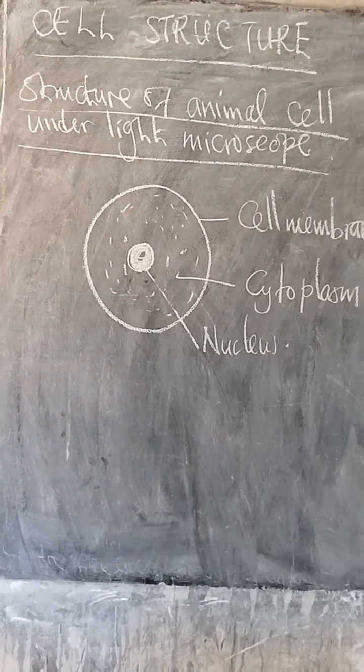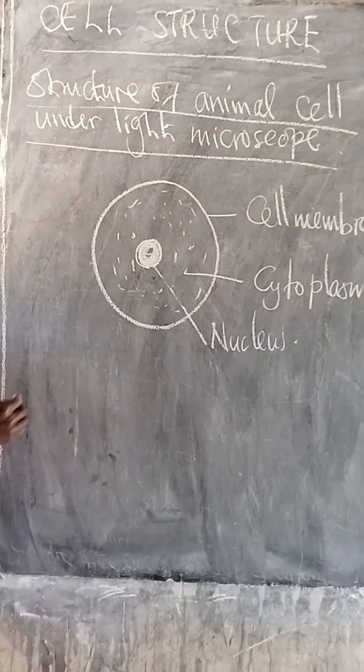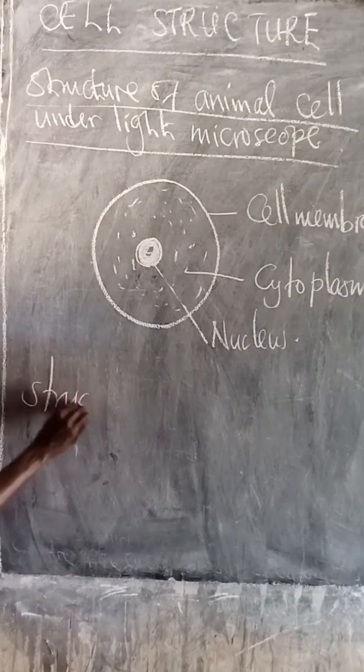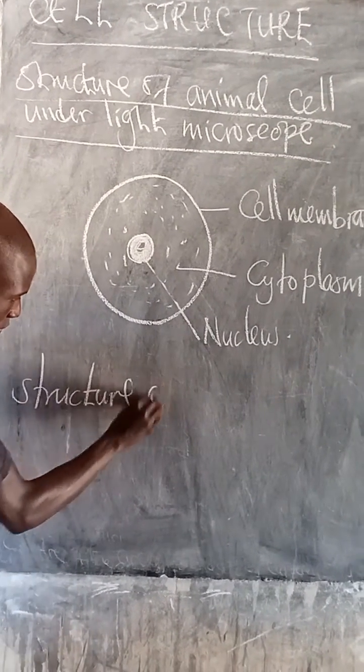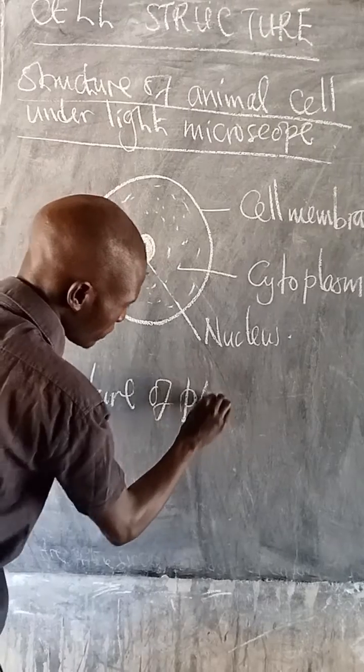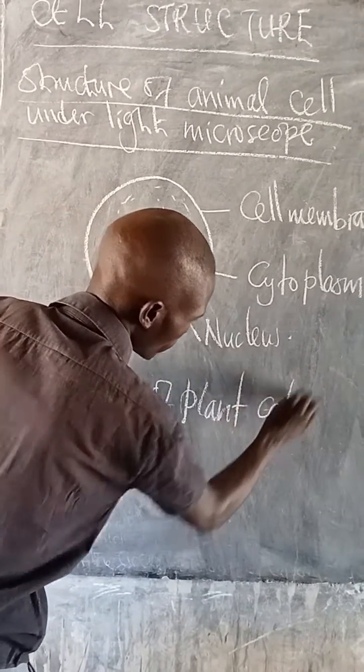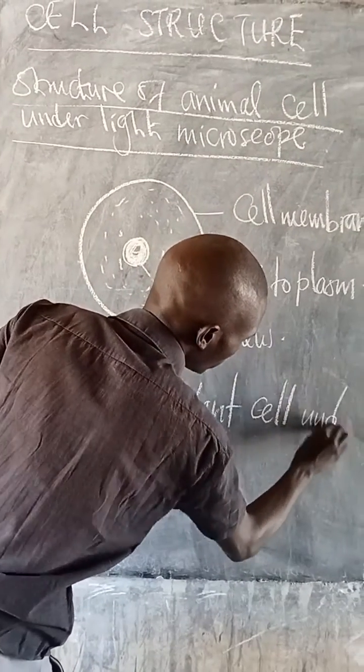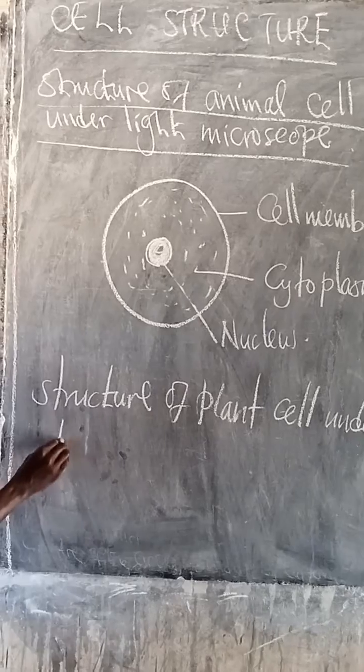Now let us look at the structure of plant cell under light microscope.